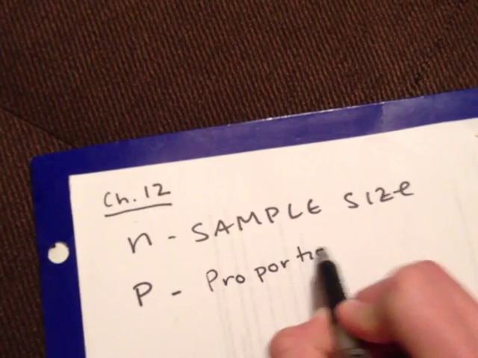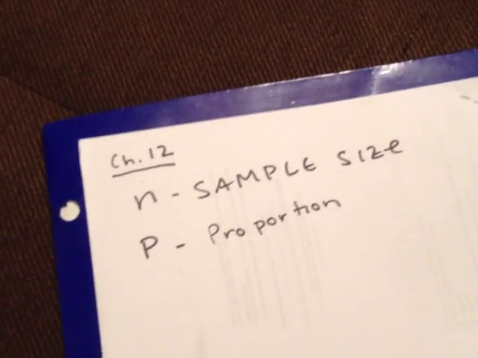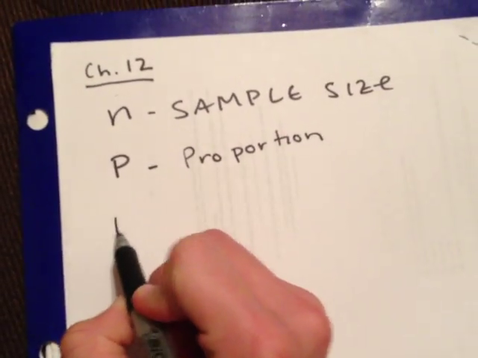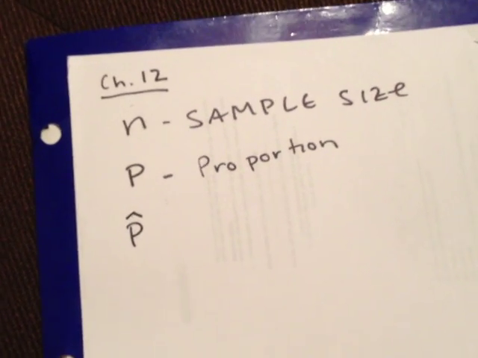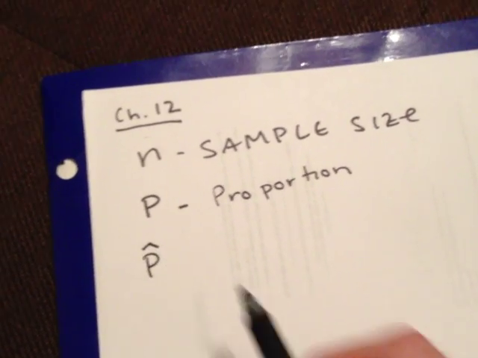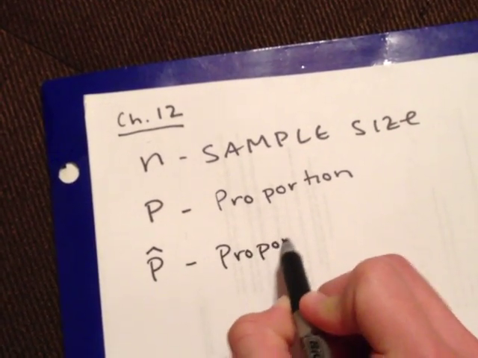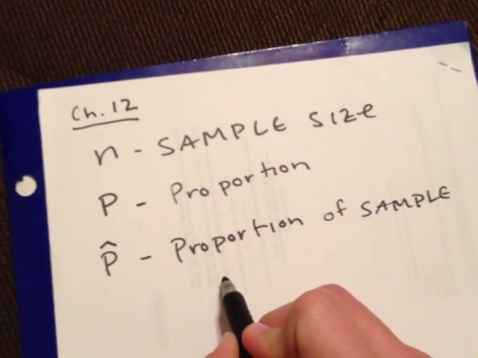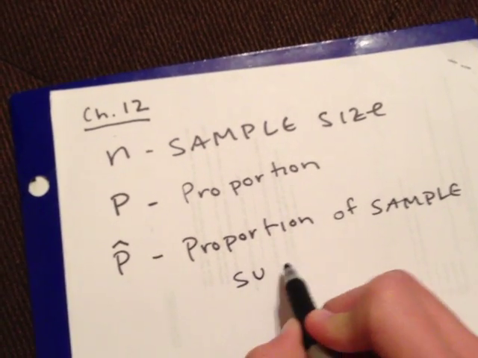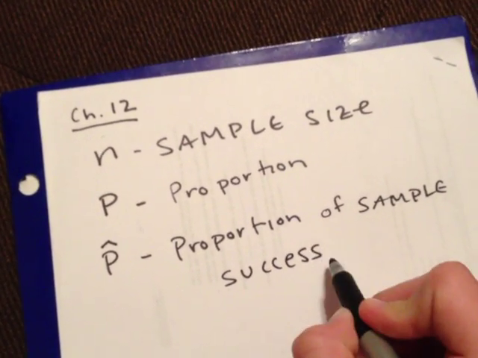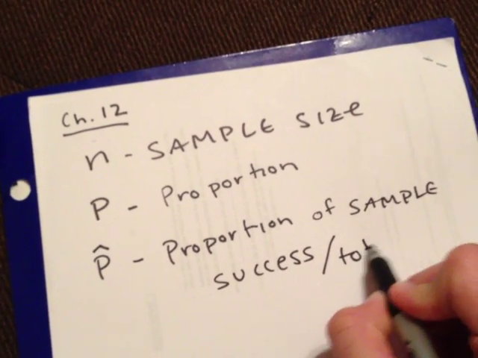The new thing in this lesson is p hat, which is the little triangle over the p. That is the proportion of your sample size, or of n. To find it, it's just your number of successes out of your total.